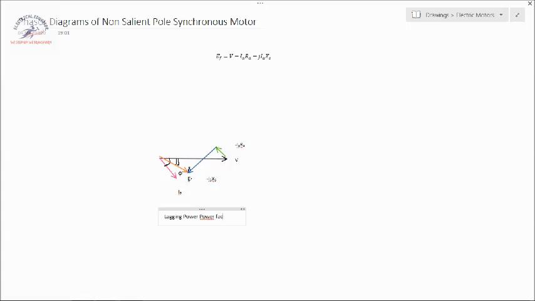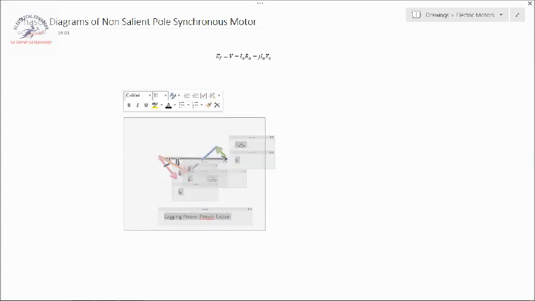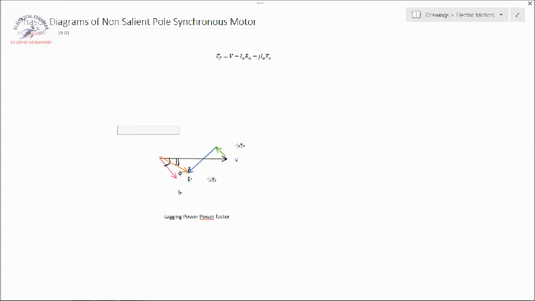We made an assumption that current lags the voltage in the synchronous motor, but in the previous video we have seen that a synchronous motor can operate in any power factor range. It can operate as lagging, as unity power factor, and also as leading power factor. So how to draw the phasor diagram for leading and unity power factor? That also let us see.